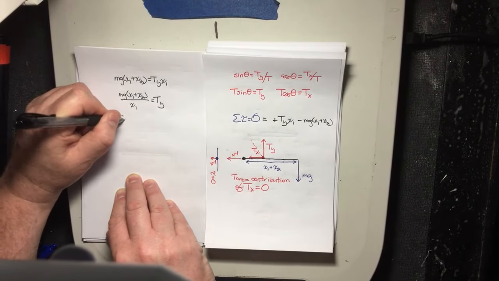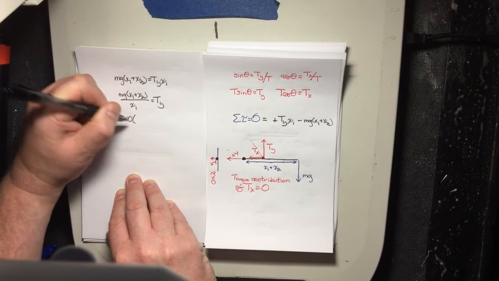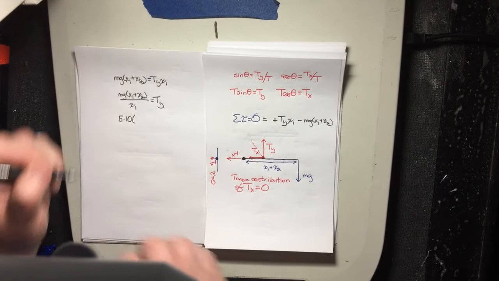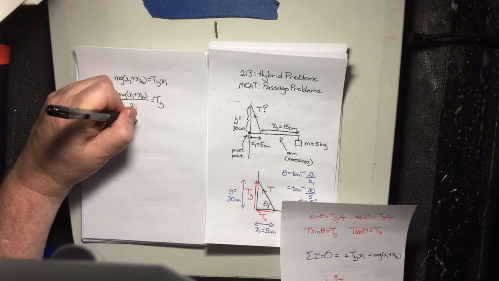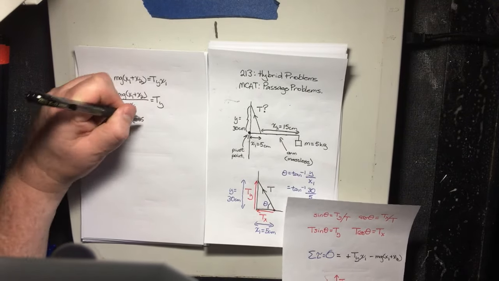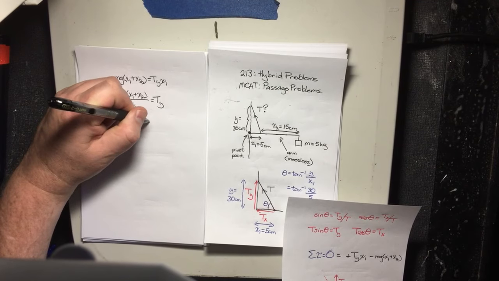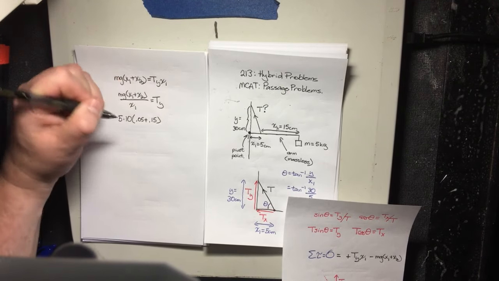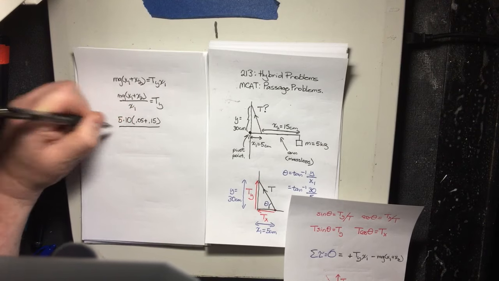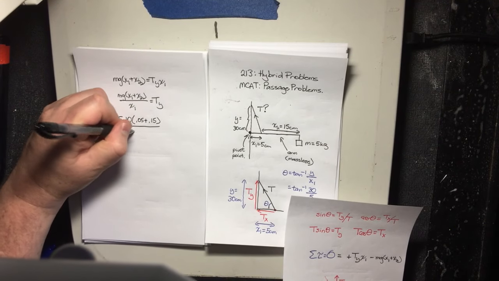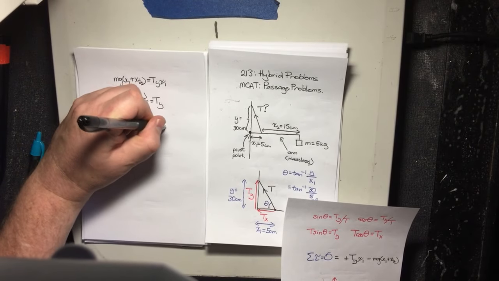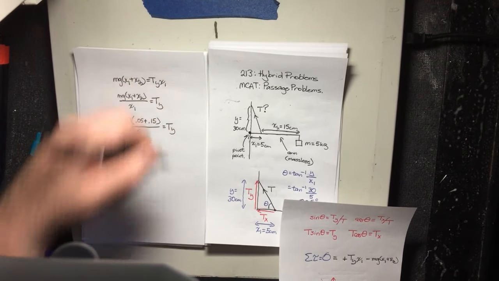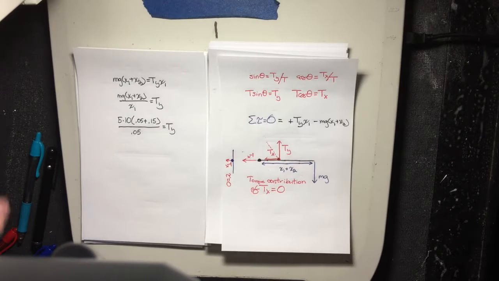M was 5, G was 10, X1 was 0.05, X2 was 0.15, X1 is 0.05. Now granted, those would cancel out their units, but it's best to keep that kind of thing going on.